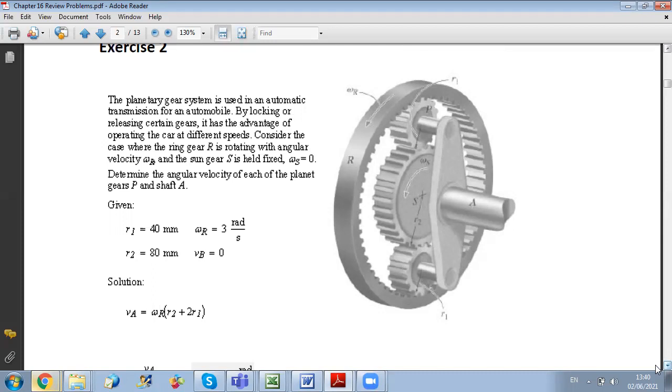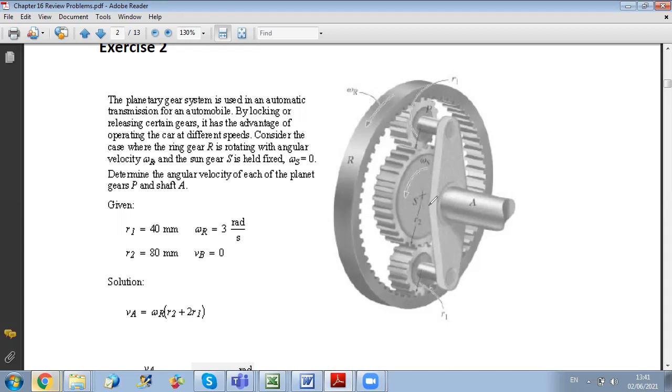So here we have a system of gears that are connected together, and we want to determine how the velocity of one will affect the other. Okay, so this system is widely used in cars. What is the principle? The principle of it is that we can control the speed of gears if we play with two of the gears.